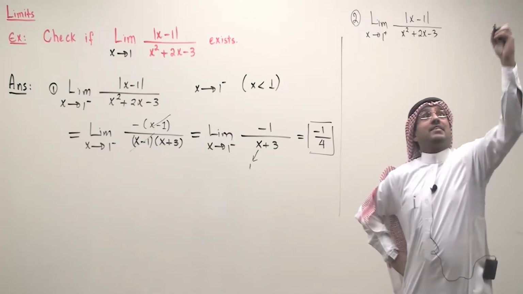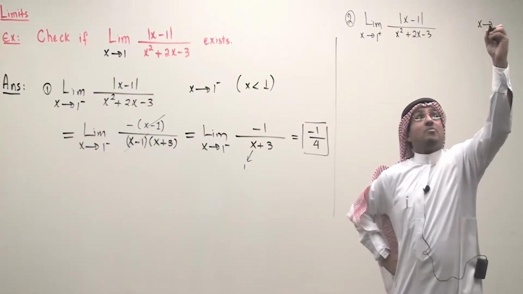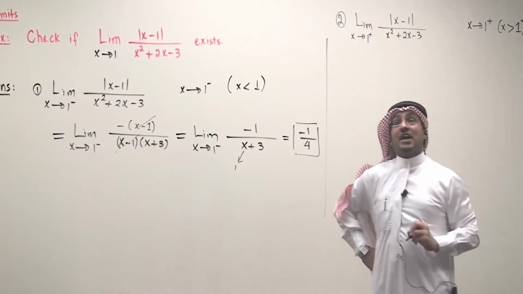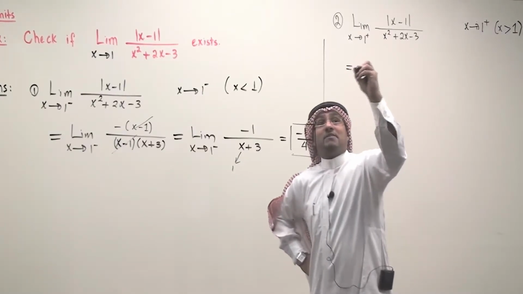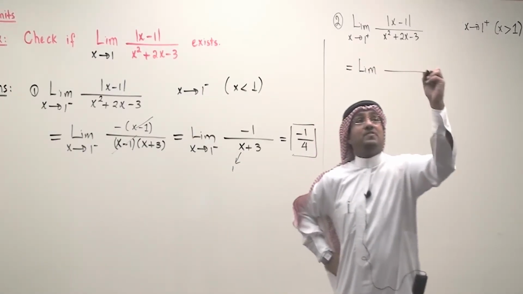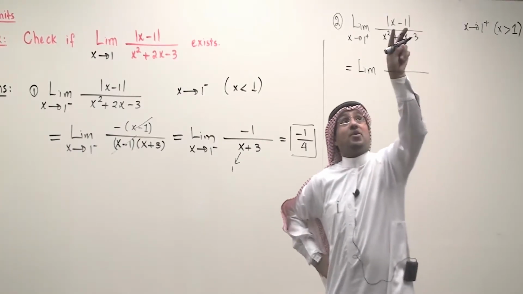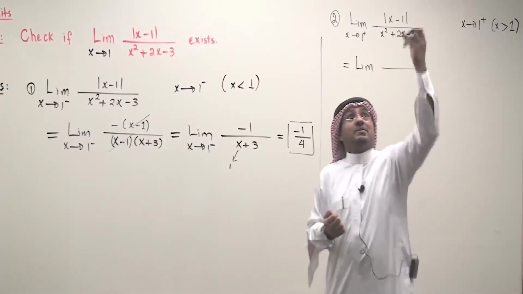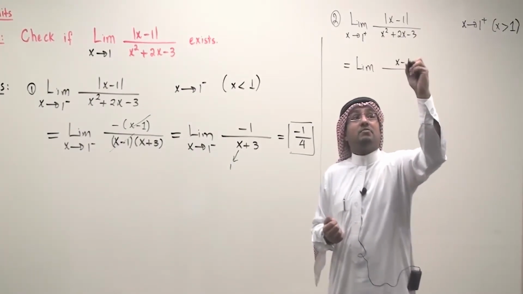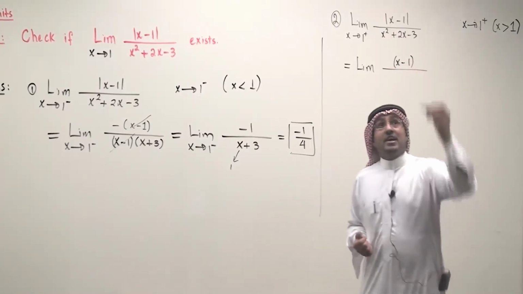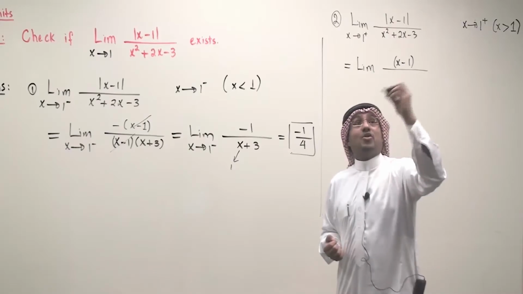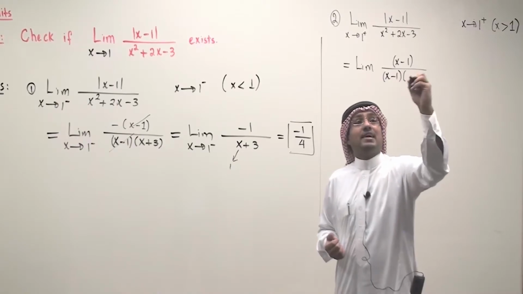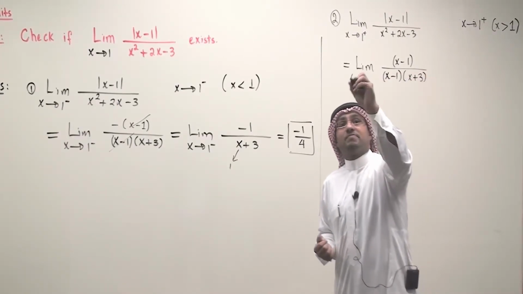But since x goes to 1 from the right side, it means x is strictly greater than 1. And therefore, I can simplify the absolute value. Since x is greater than 1, the quantity inside the absolute value becomes positive, and therefore this absolute value simplifies to what? X minus 1. Very good. The denominator, like before, can be factored as x minus 1 times x plus 3.